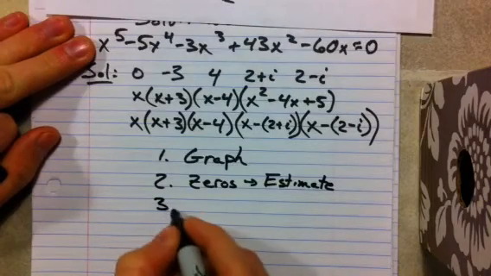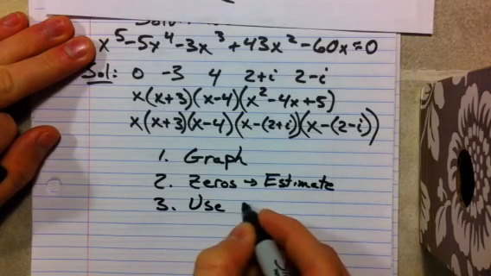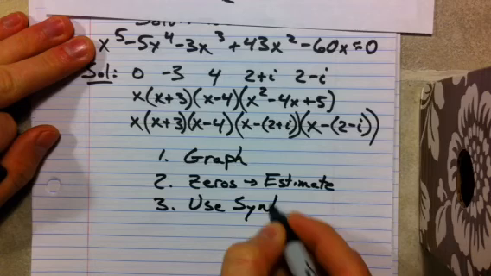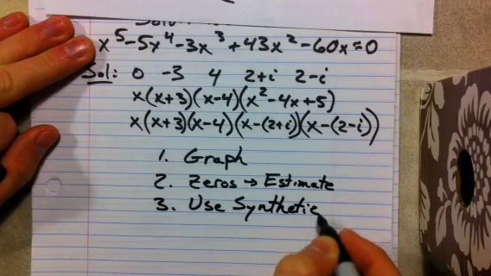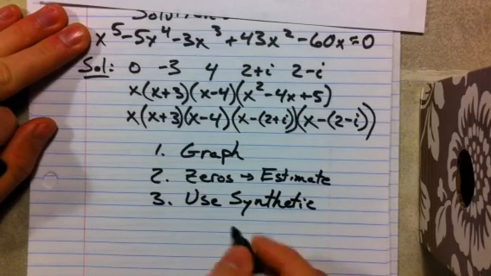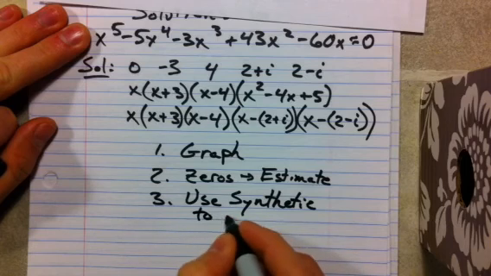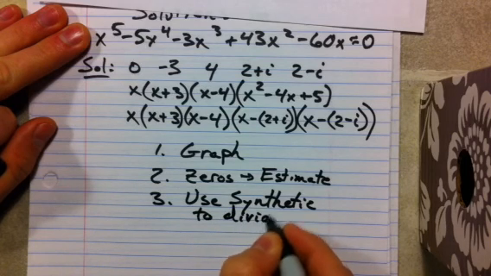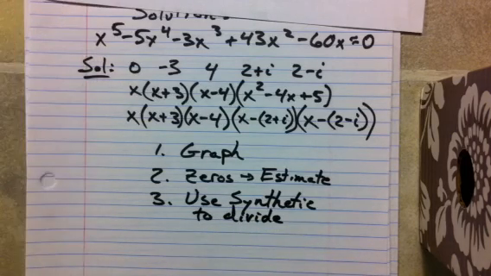And then what we did was we used synthetic division to divide. And every time we divided, if we got a remainder of 0, we knew that it was a root.